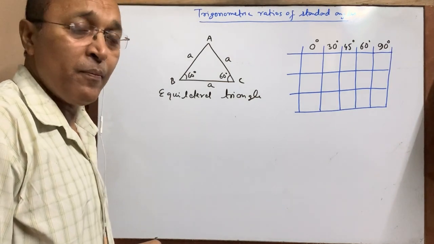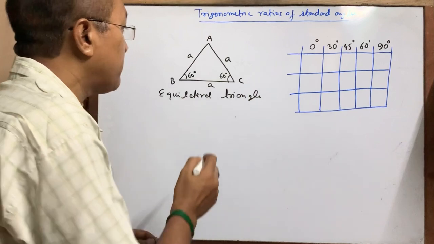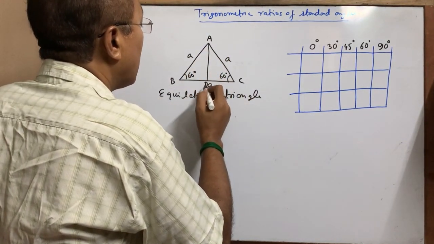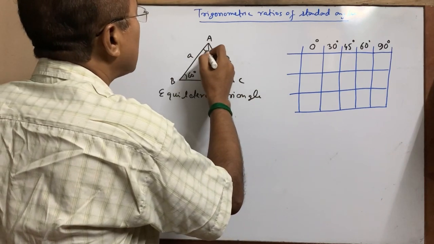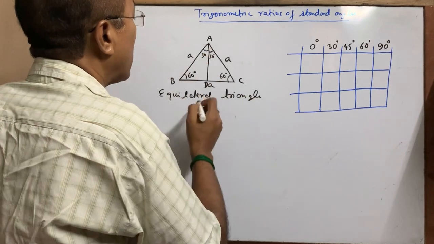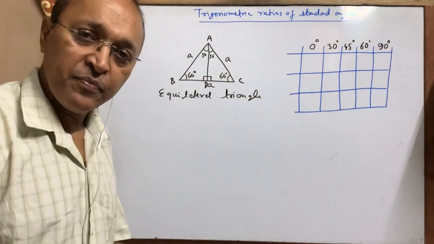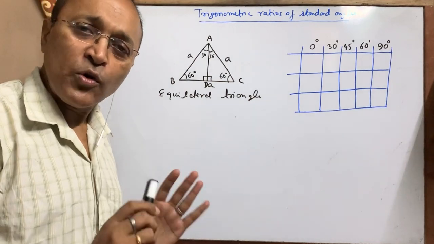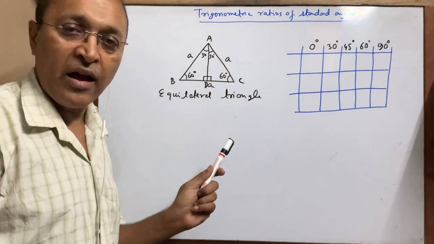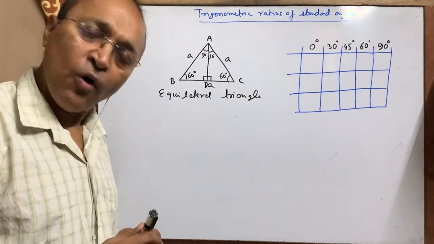Now if I draw an angle bisector, that will make this angle 30 degree and 30 degree. So this one will be 90 and this one will be 90, isn't it?